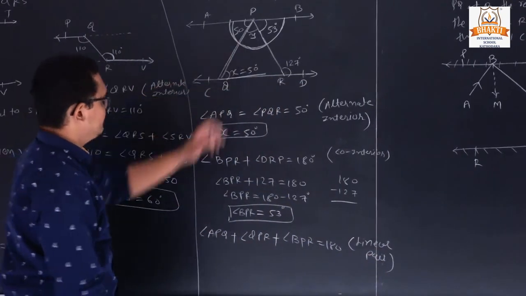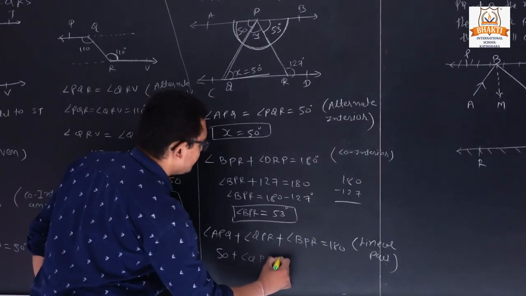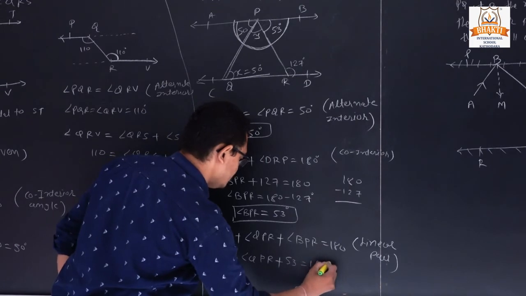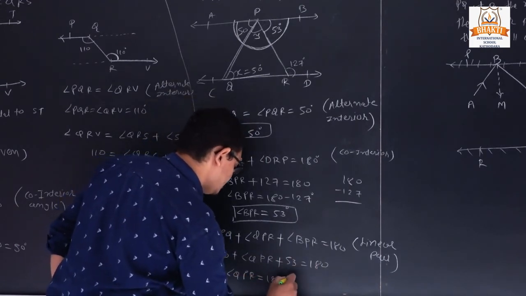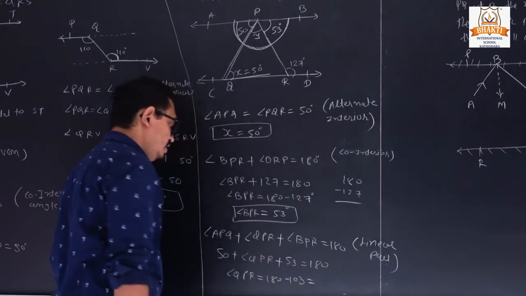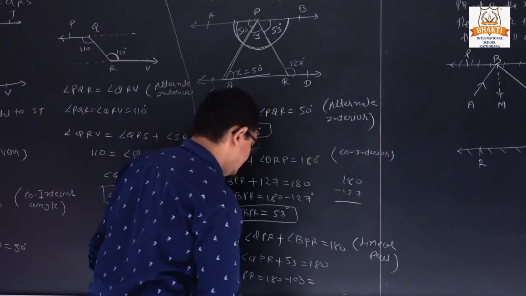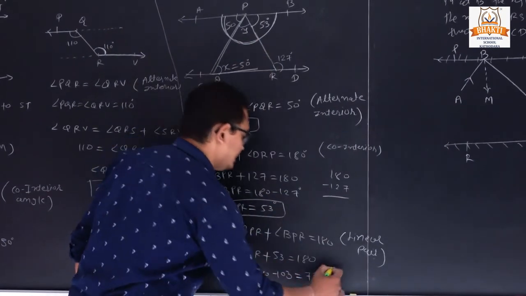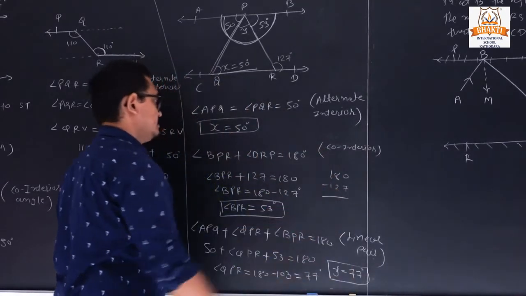Now APQ is given as 50, QPR we want to find, and BPR is given as 53. So it is 103. So it goes to the other side: 180 minus 103, so it is 80 minus 3. So it is 77 degrees. So what is the value of Y? It is 77.